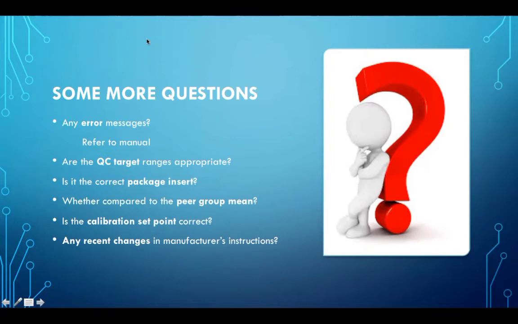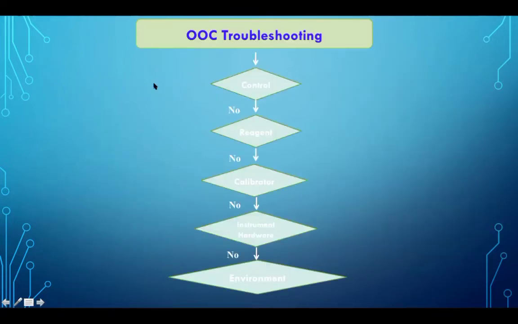Right, so now, whenever there is an out of control situation, what we have to do, we have to see where this problem can happen. This may be related to your control material.